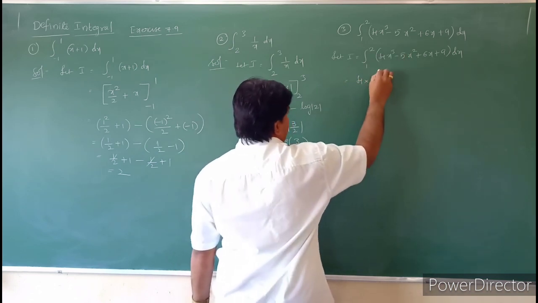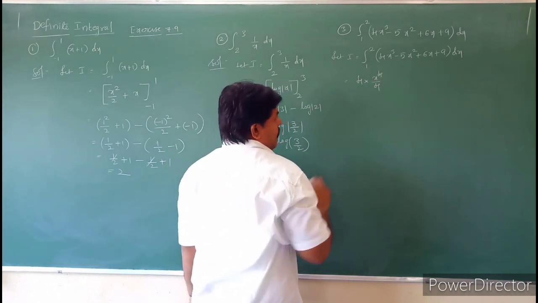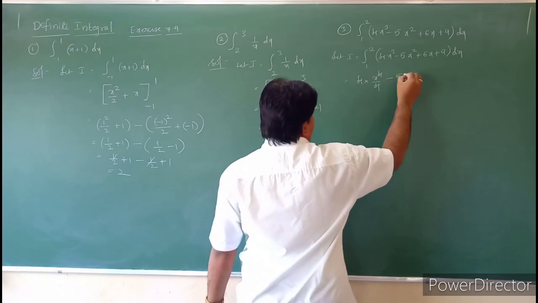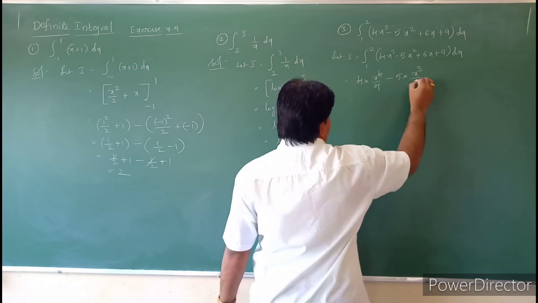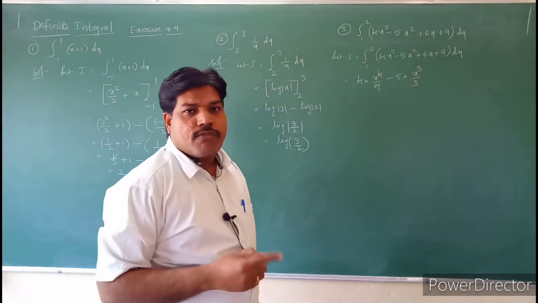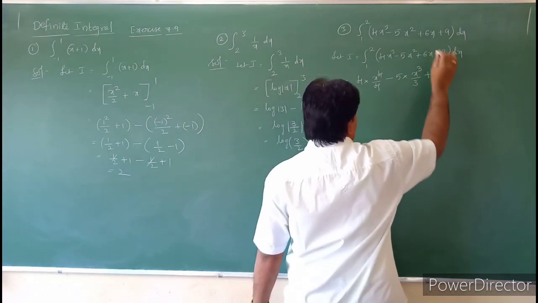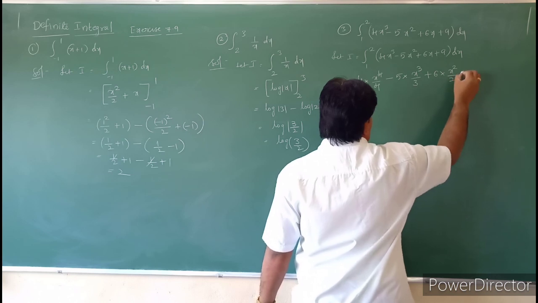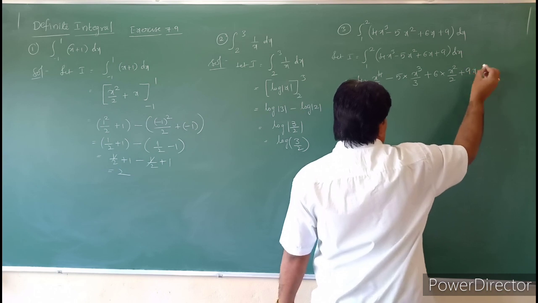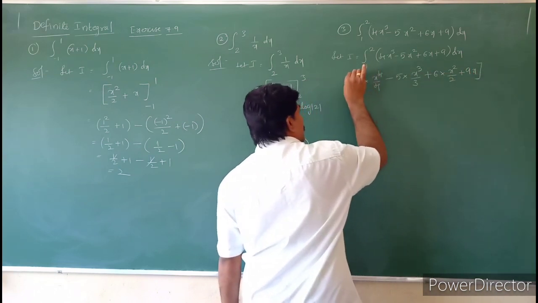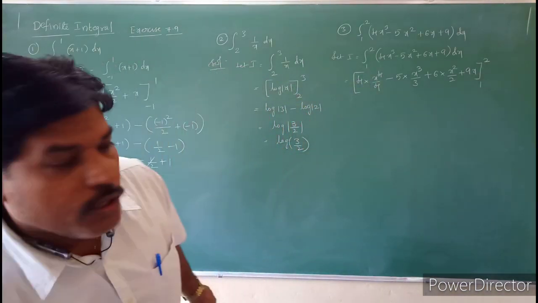X cube integration is nothing but x power 4 by 4, x power n plus 1 by n plus 1, minus 5 into x square integration is x cube by 3, x power 2 plus 1 by 2 plus 1, plus 6 into x integration is x square by 2, plus 9 into integral of 1. Integral of 1 is x, so it will become 9x over the limit 1 to 2.